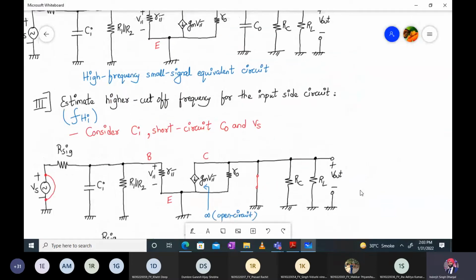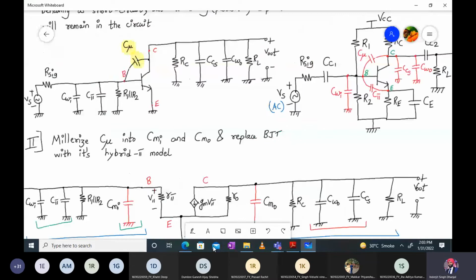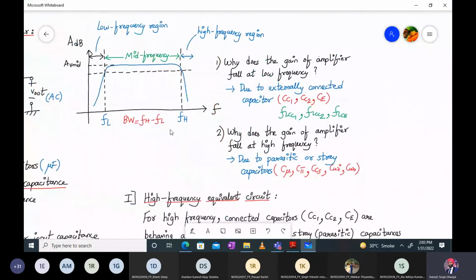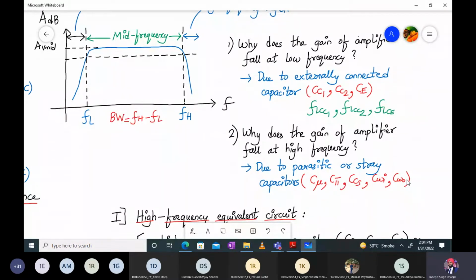You remember we started the lecture saying that the gain of the amplifier falls at higher frequency. Why does the gain of the amplifier fall at higher frequency? They fall due to the parasitic or inter-electrode or stray capacitors in the form of C mu, C pi, CCS, CWI, and CWO.